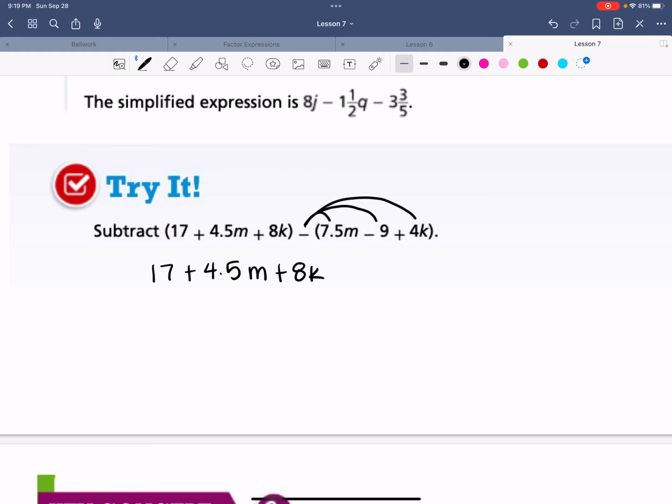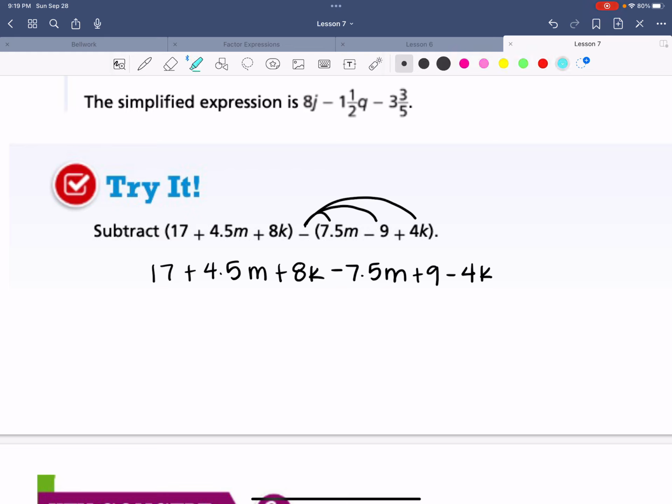It's actually going to be negative, so I'm going to subtract 7.5m. 9 is negative, well, that negative in front turns it positive because two negatives make a positive. So plus 9. That positive 4k turns into negative 4k, so minus 4k. So just honestly make it the opposite of what it is.